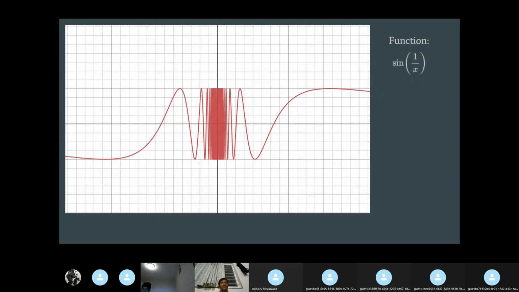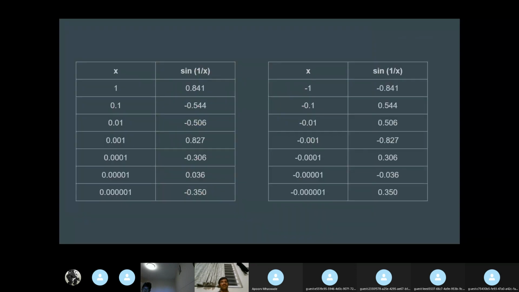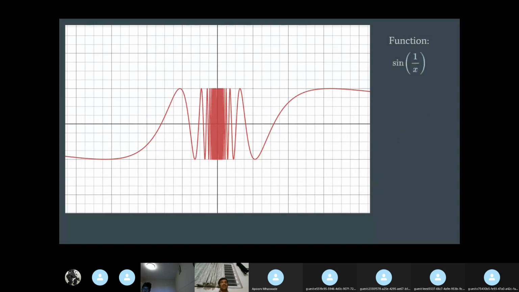I can show it to you again. Here's the graph, and here are the values. If anybody needs me to go back and forth, just say it, and I will switch the slides. But the important question is, what would be the exact value of sine 1 by x at x equal to 0?